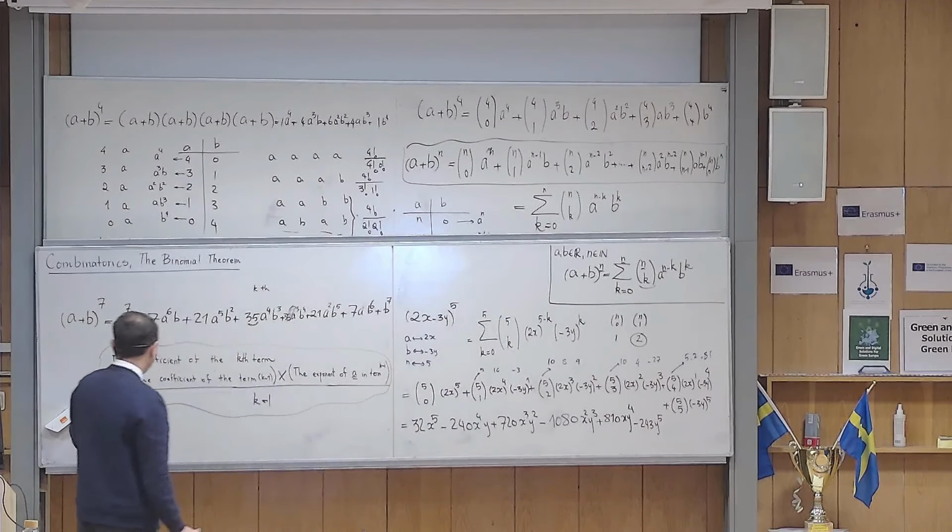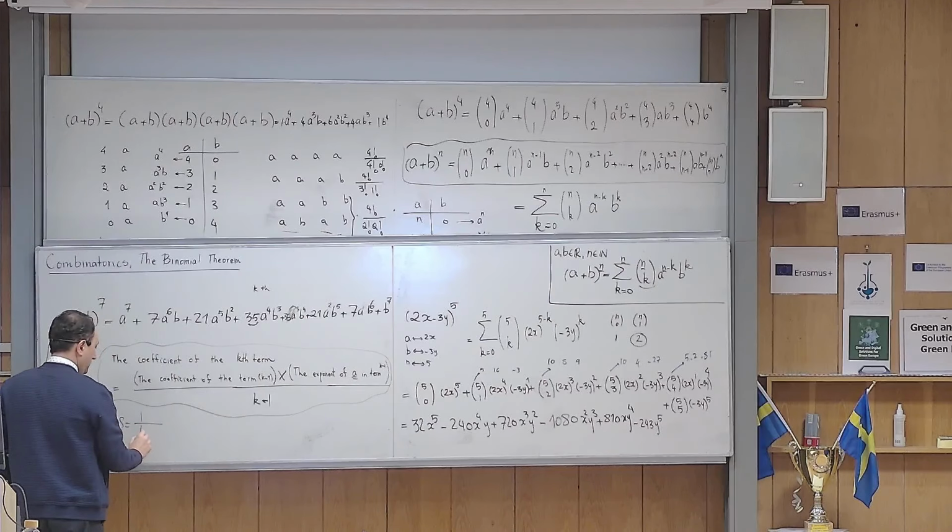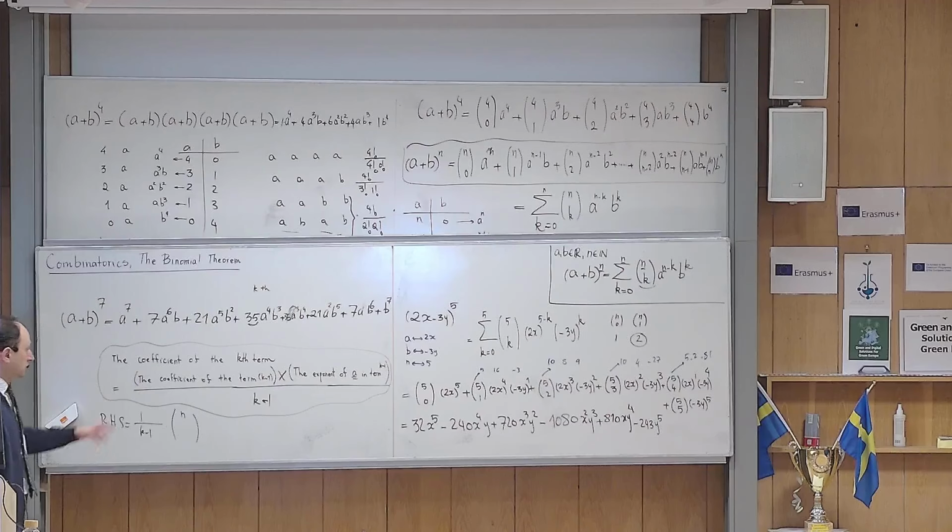Okay, so let me write from the right hand side. So right hand side is 1 over k minus 1 multiplied by. Okay, so can you tell me what is this one now? It is n choose what? The coefficient of the term k minus 1. K minus 2.